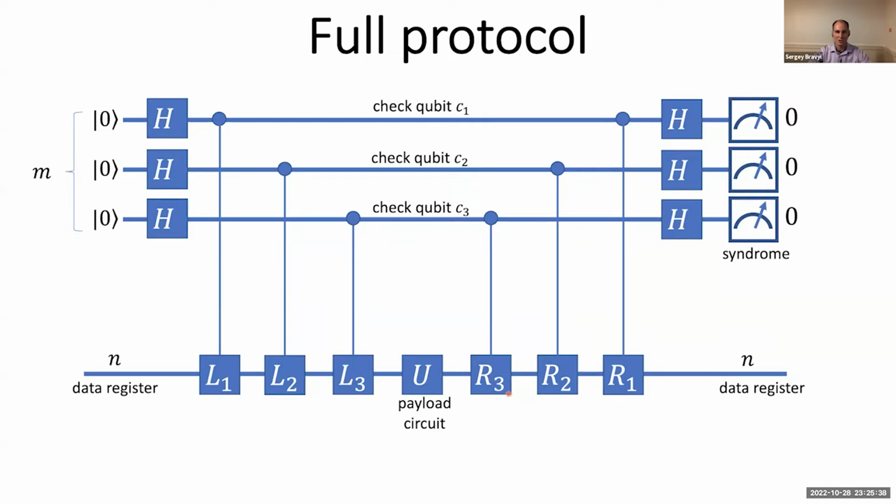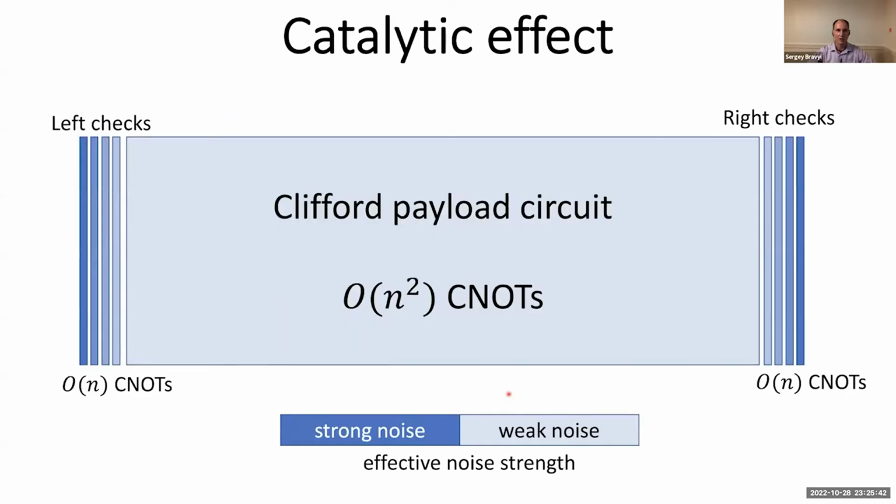So such errors are less dangerous. And this means that we should expect a sort of catalytic effect. As we keep adding more and more Pauli checks, the effective noise strength should decrease exponentially, because errors in the inner checks are likely to be detected by errors in the outer checks.